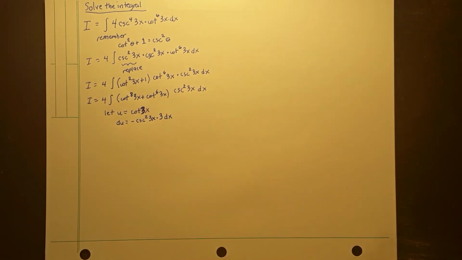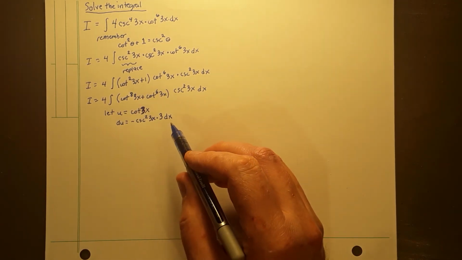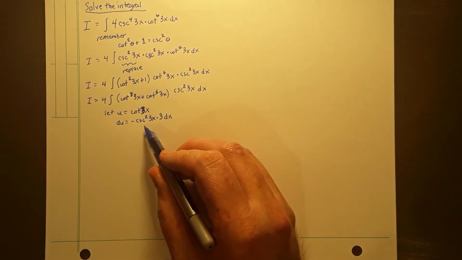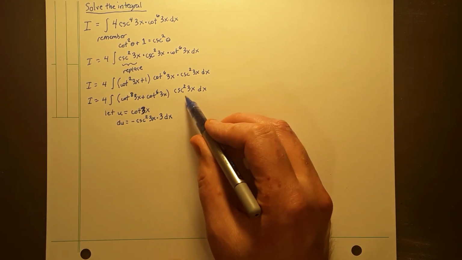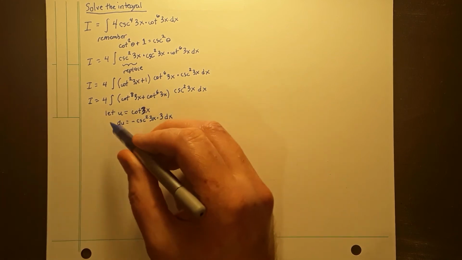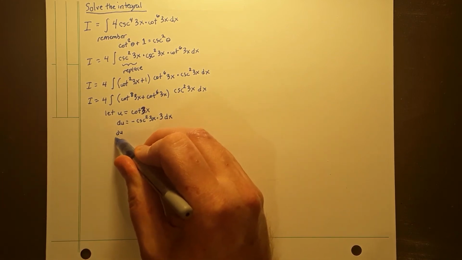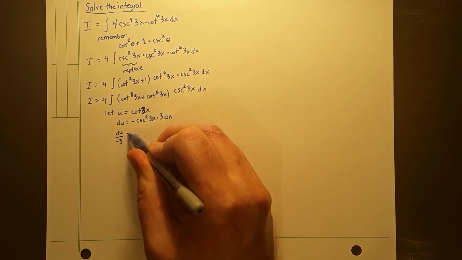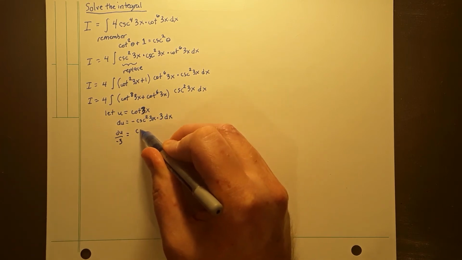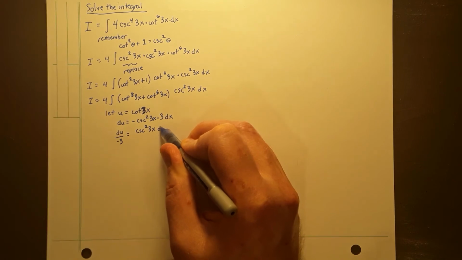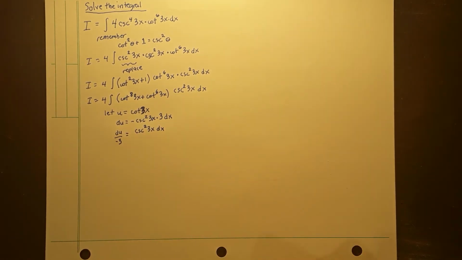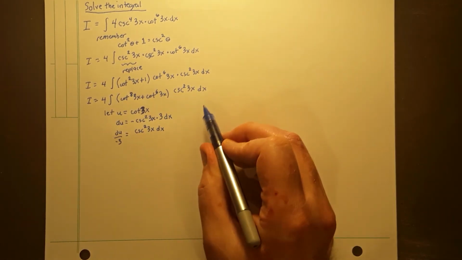And we have a dx when we move the dx from the left-hand side of the equation to the right to get a differential. This differential, negative cosecant squared 3x times 3 dx, is almost identical to the differential that we see in the problem. It will be entirely identical if I divide both sides by negative 3. And then I am left with positive cosecant squared of 3x dx, the exact differential which is in the problem.